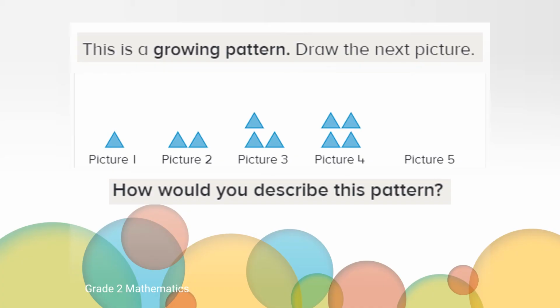How would you describe this pattern? I noticed each time one more triangle was added. So that must mean in picture 5, there would be 5 triangles.